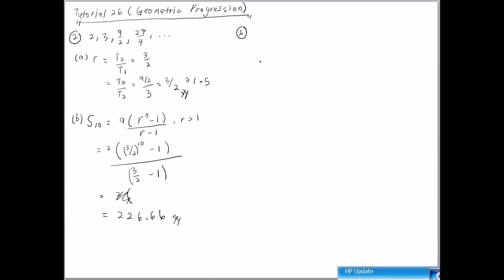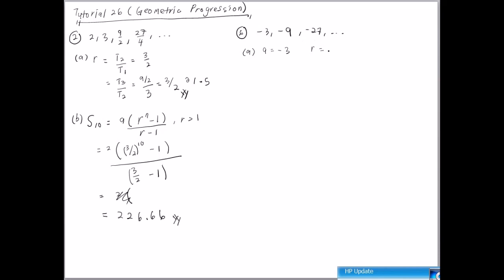Okay, proceed to the next question, number 6. Given the geometric sequence -3, -9, -27. A, we want to find the value of a and R. a, as we know, is the first term, so a equals -3.